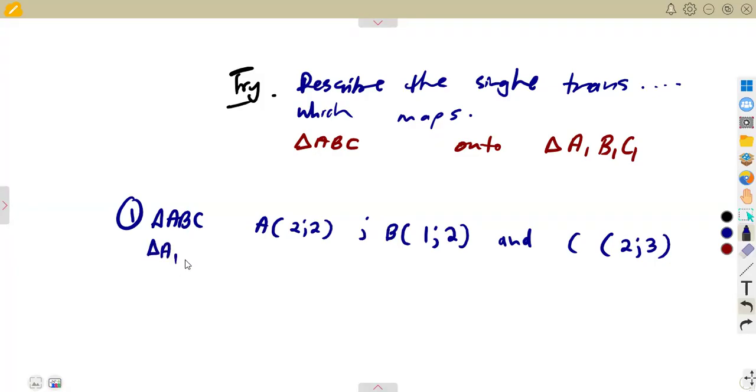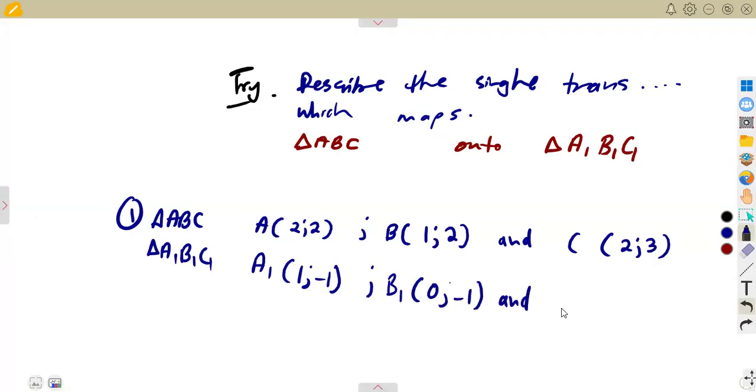And triangle A1, B1, C1 has got vertices A1, 1 minus 1, B1, 0 minus 1, and C1 is given as 1, 0. Remember, you need to draw first. So I want you to describe the single transformation which will map ABC onto triangle A1, B1, C1. So you need to draw these two triangles. All right. So that's your first question.